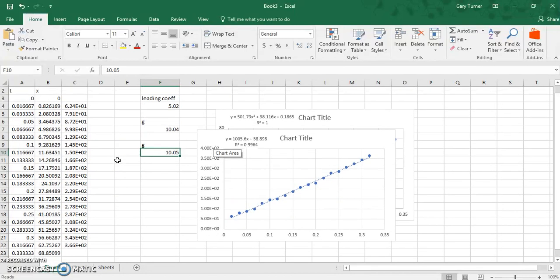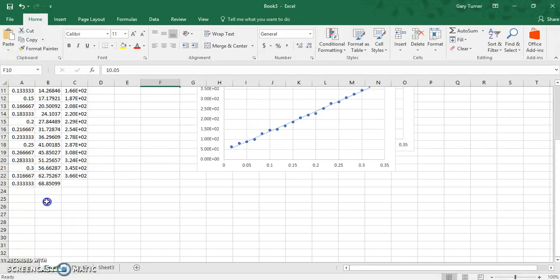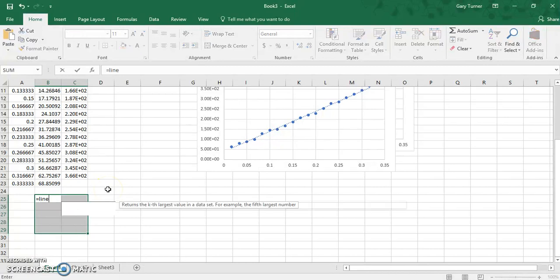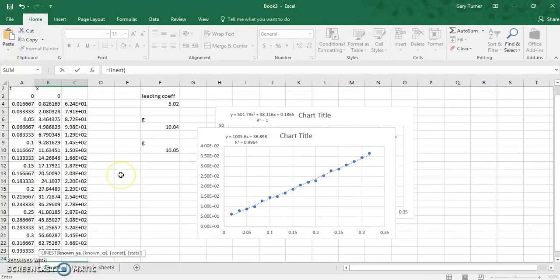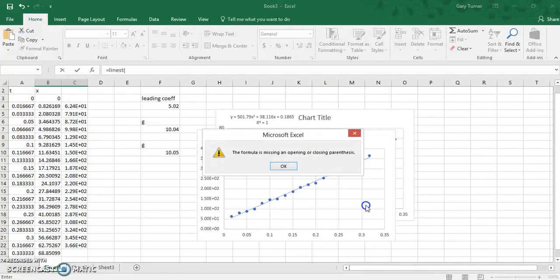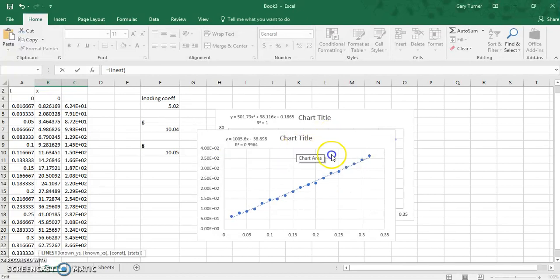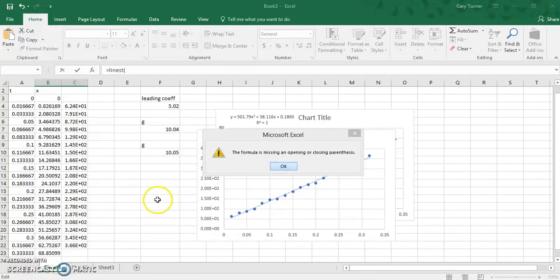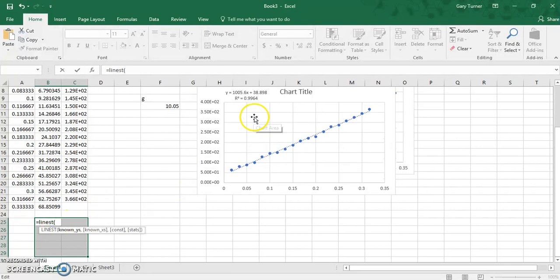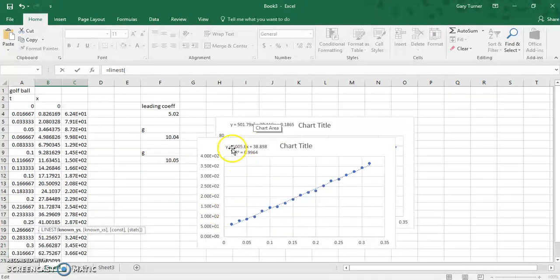And to finalize how close this is, we can run a LINEST. So I'm going to highlight two columns and about 5 rows, and hit equals LINEST. You can only run a LINEST function for a linear line, so I can't run it on my parabola data, only on my linear data.